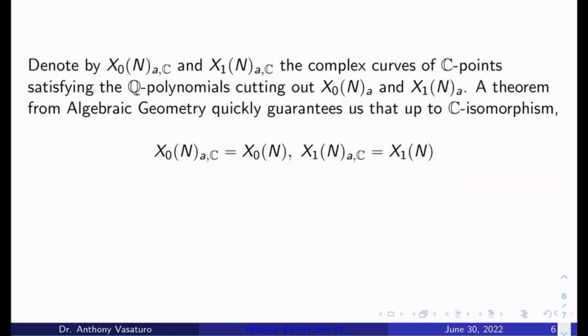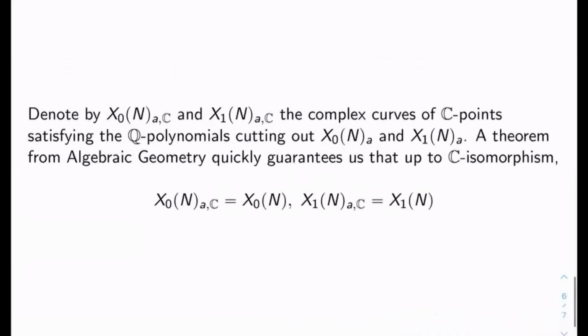And similarly, the complex points on X_1(n)_a constitute X_1(n). So I've got these curves over Q, and if I look at their complex points, not just their rational points, I recover the old complex modular curves X_0(n) and X_1(n), which is pretty neat.